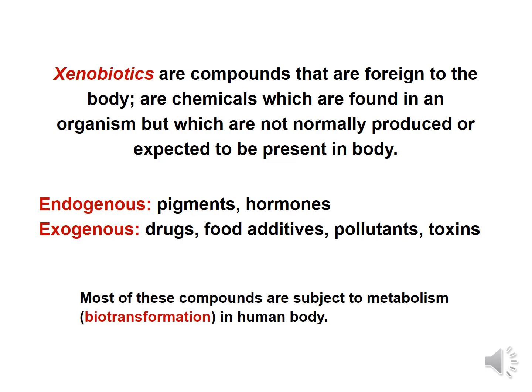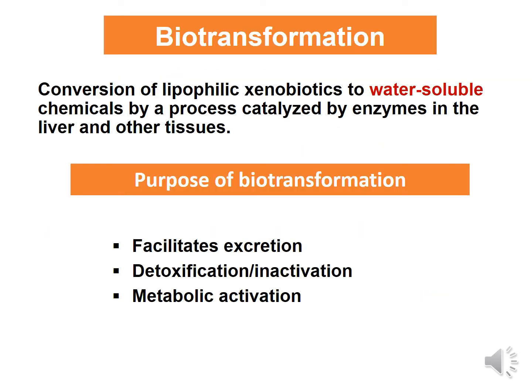What are xenobiotics? They are compounds that are foreign to the body, chemicals which are found in an organism but which are not normally produced or expected to be present in the body. They could be endogenous like pigments, hormones, or exogenous like drugs, food additives, pollutants, toxins, etc. Most of these compounds are subject to metabolism, biotransformation, in the human body.